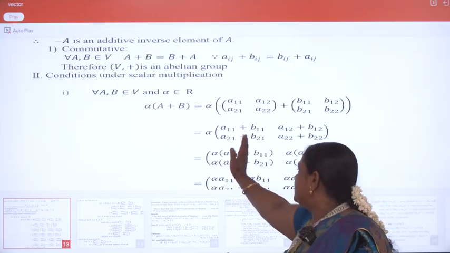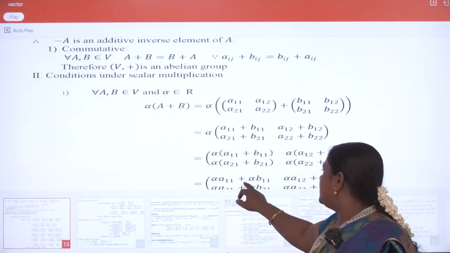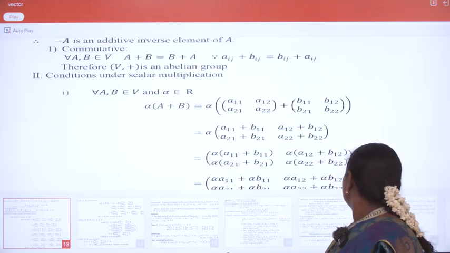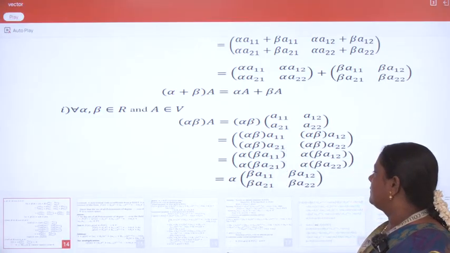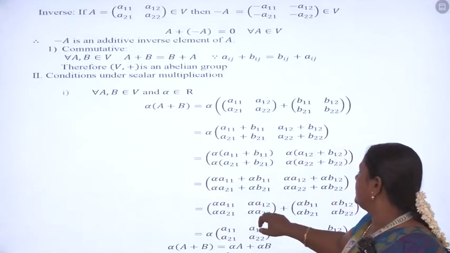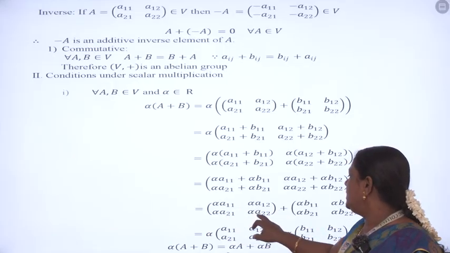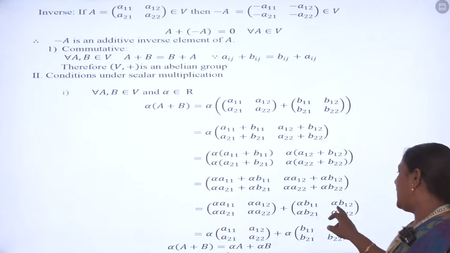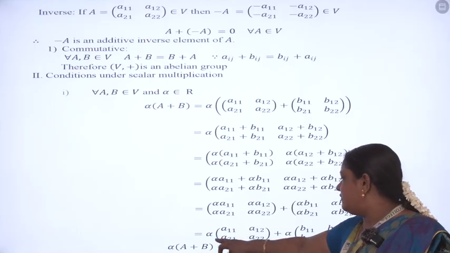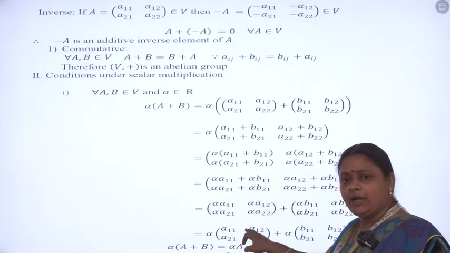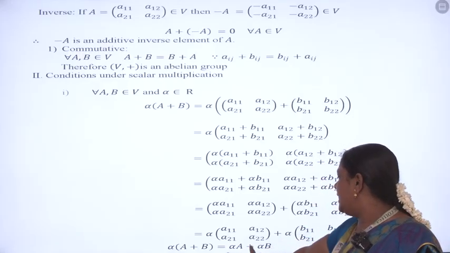Then alpha multiplied with these terms, we get alpha into (a11 plus b11), and so on, which gives alpha a11, alpha a12, alpha a21, alpha a22 plus alpha b11, alpha b12, alpha b21, alpha b22. Then take alpha outside in each. This is nothing but A matrix, this is nothing but B matrix. We get alpha into (A plus B) equal to alpha A plus alpha B.